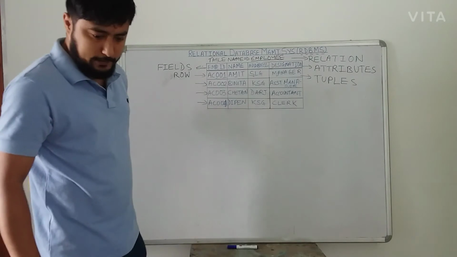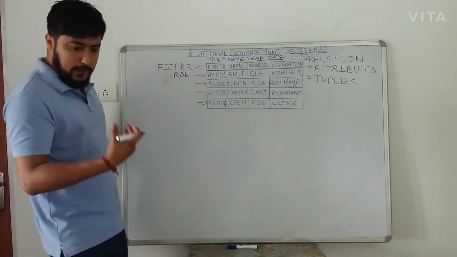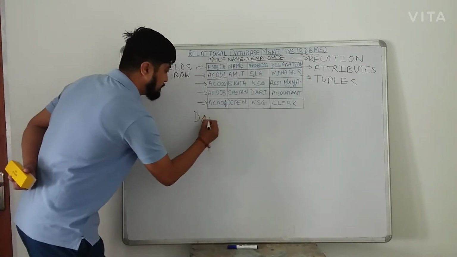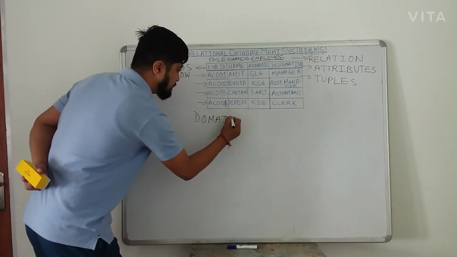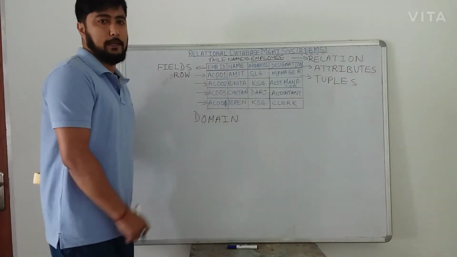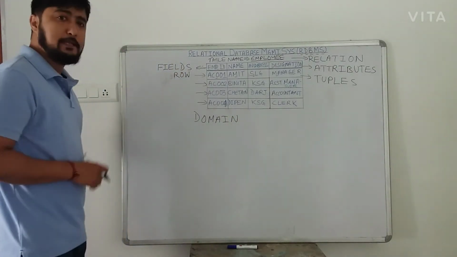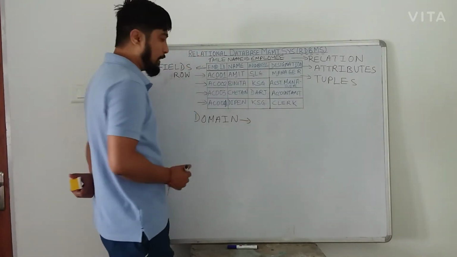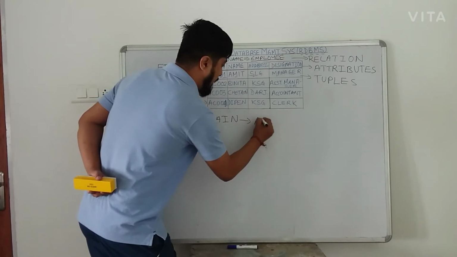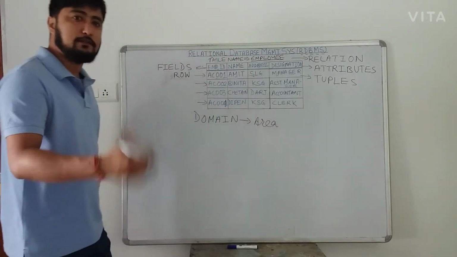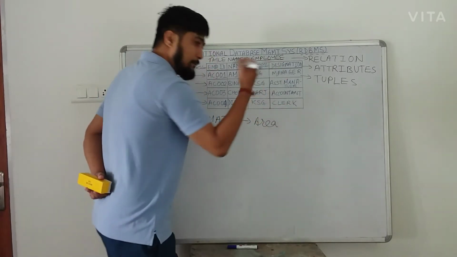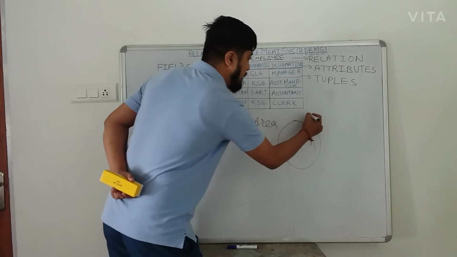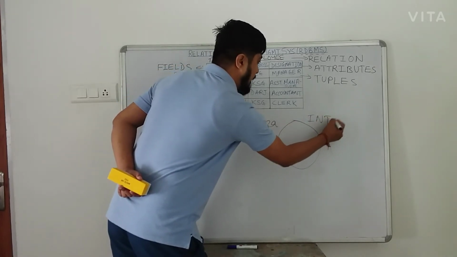Next is domain. So what is a domain? We all know that domain means the area. If you have studied sets in mathematics, domain means the area under which the values are stored. For example, in mathematical terms, in a set, this is a domain of integer values.